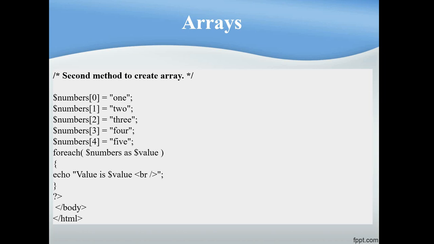Like that we can also initialize separately by giving the memory space explicitly. And then after storing it, I am using the same foreach loop to retrieve the values which are stored in the array. So these are the two methods which are used in a numerical array.